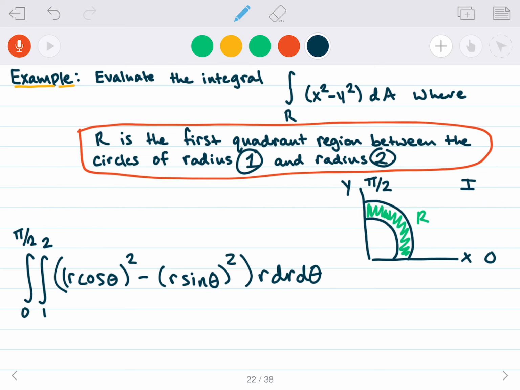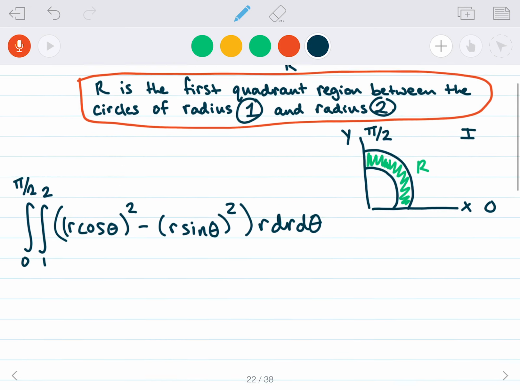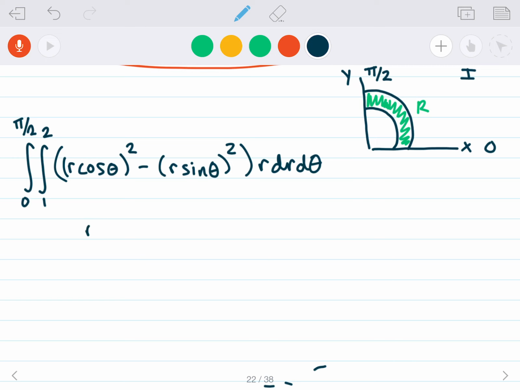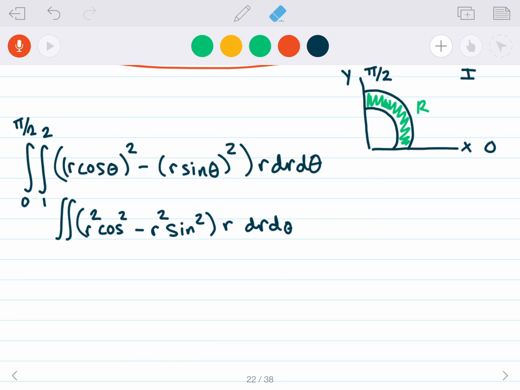Okay, so now we can clean this up a little bit. If I square the r cosine theta, I get r squared cosine squared theta. If I square the r sine theta, I get r squared sine squared theta. And this is all multiplied by r dr d theta. Let's clean this up first.